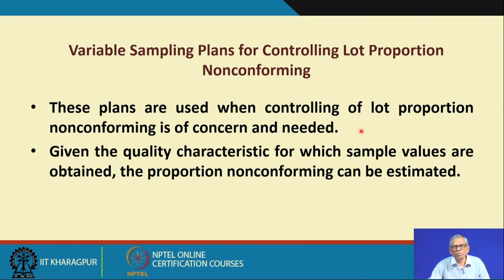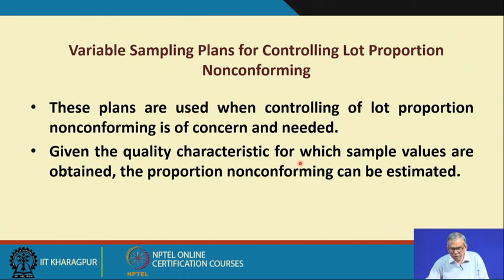So you may also define proportion non-conforming with respect to a quality characteristic for which the variables data are collected. That means you can determine the exact deviation from the standard or from the nominal value, if any, and accordingly you can determine the proportion non-conforming related to a particular lot.